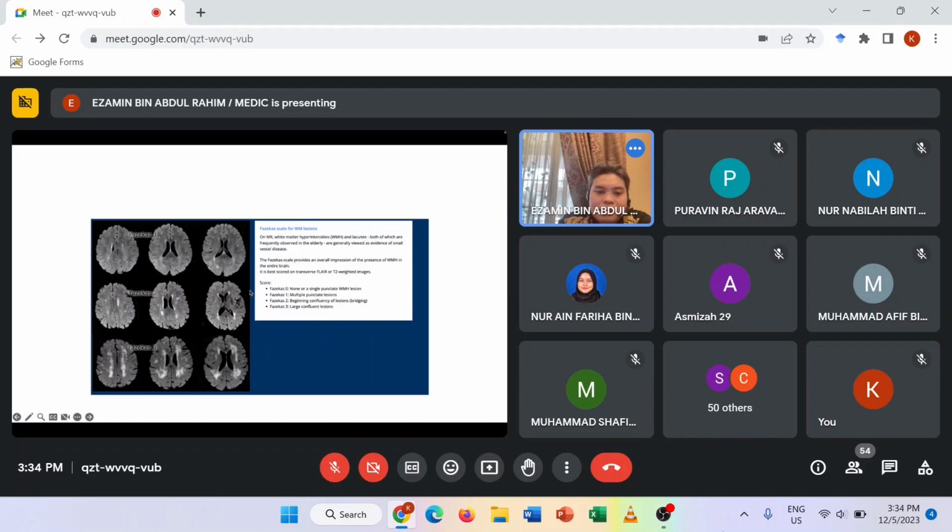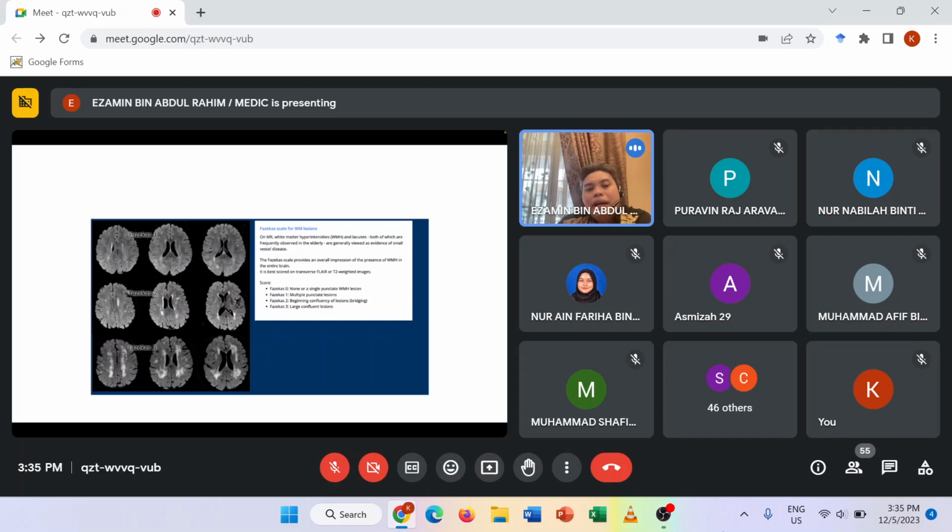Okay. Most of the time we see on FLAIR. FLAIR ni sama macam T2. T2 tu itulah show you later on after I finish this one. Nanti you ingatkan I lah. So T2 fluid is bright or hyperintense. Kalau let's say CT scan we call hyperdense, okay?